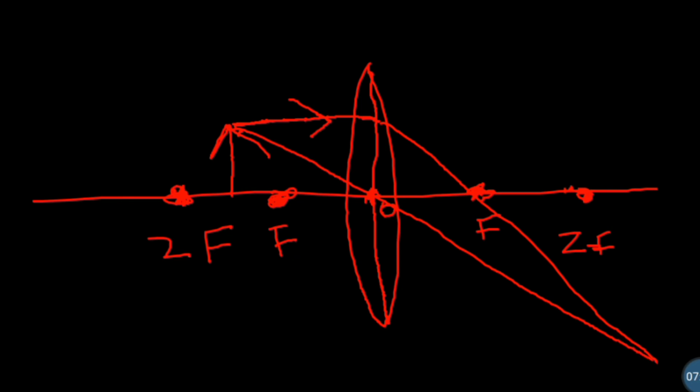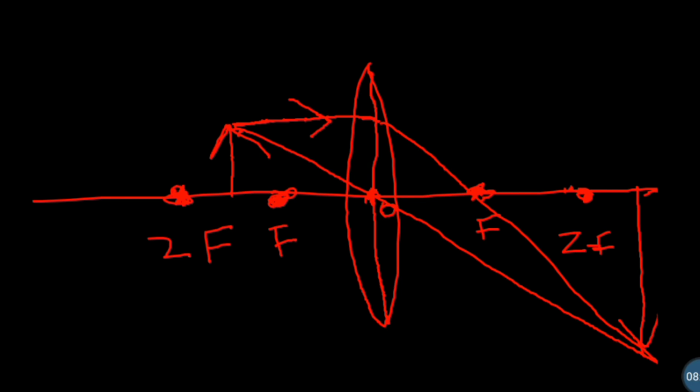Both the rays after passing through the lens meet at a point. Draw a vertical line which meets the principal axis and mark the arrow like this. So in this diagram, if you place the object between F and 2F, then the image is formed beyond 2F.